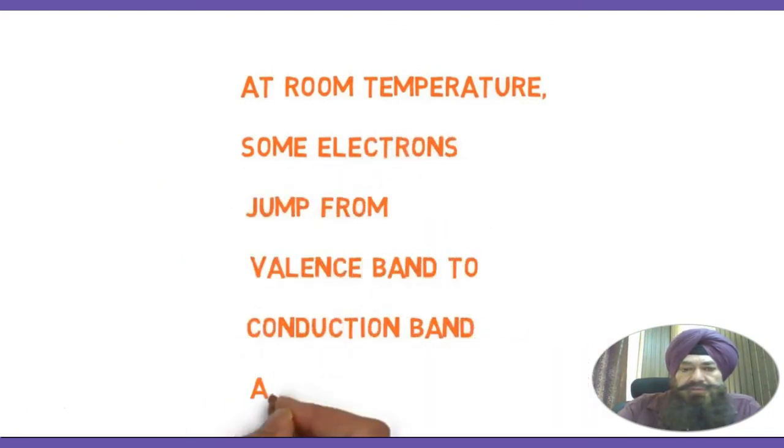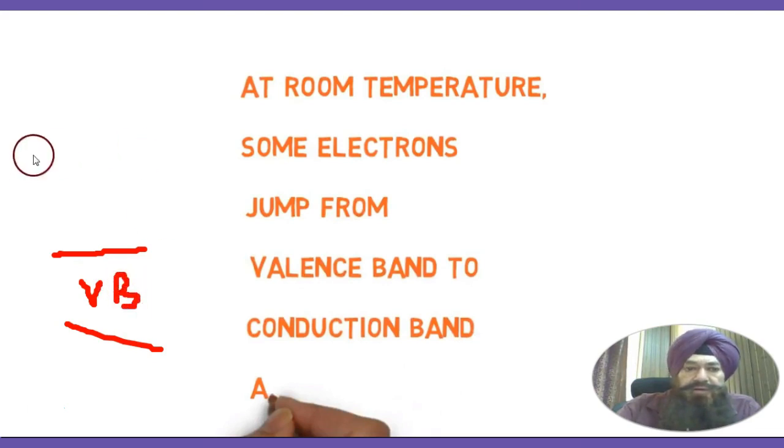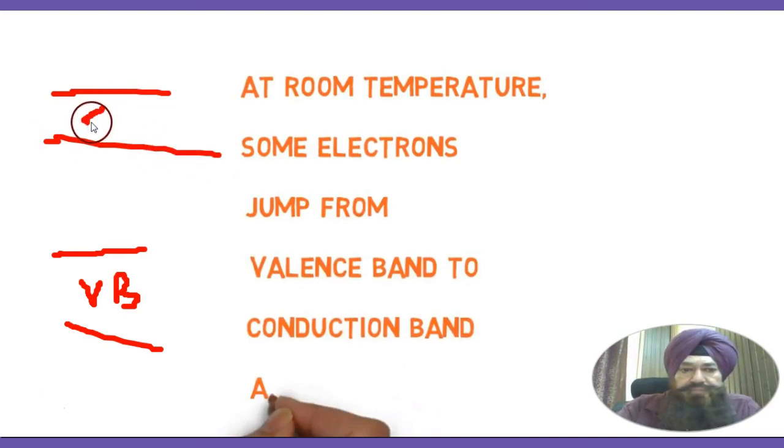Now what happens? There is a valence band and there is a conduction band, and electrons may jump from valence to conduction.